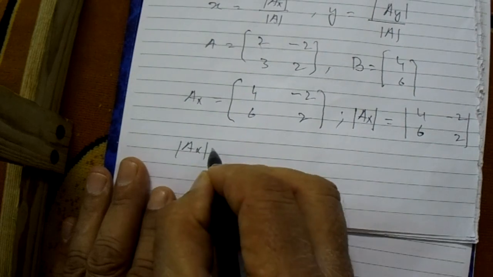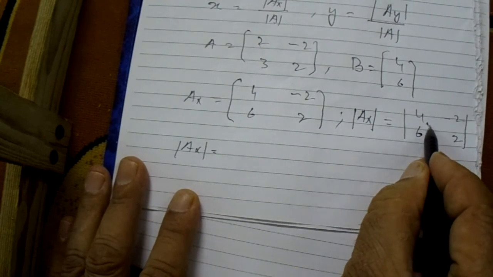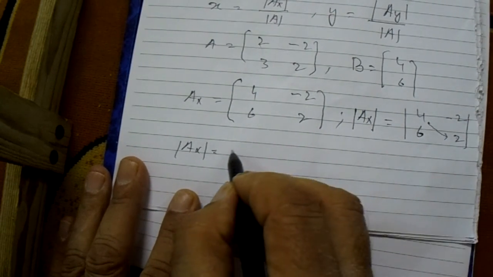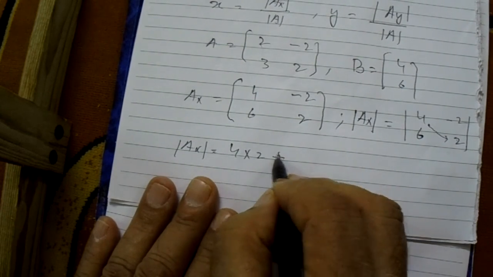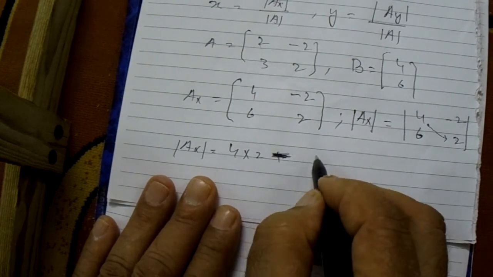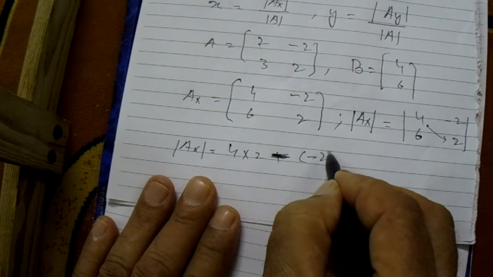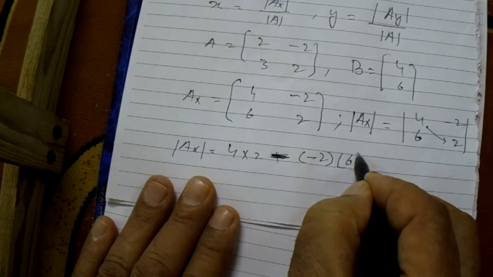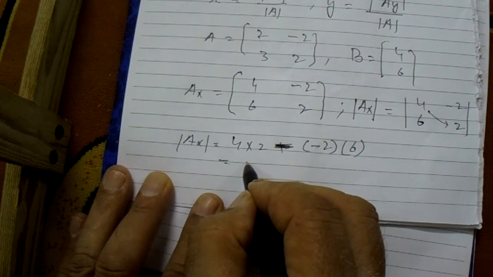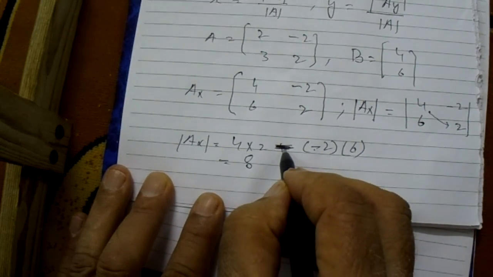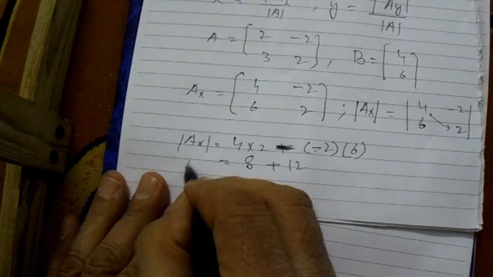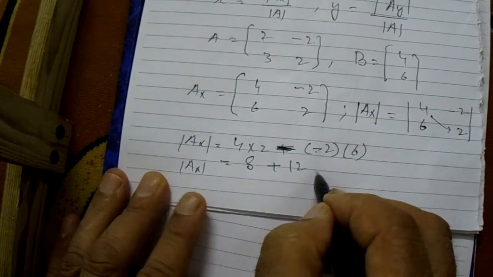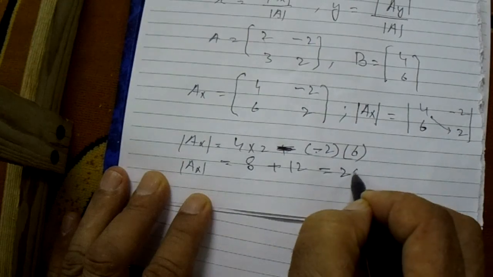It is equal to 4 times 2 is 8, minus, multiplied by -2 and multiplied by 6. This is equal to 4 times 2 is 8, and this minus times minus becomes plus, and 12. Now det AX is equal to 20.